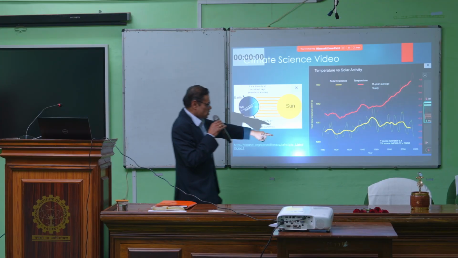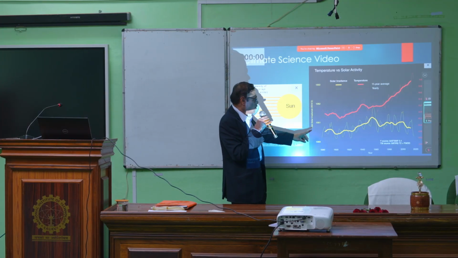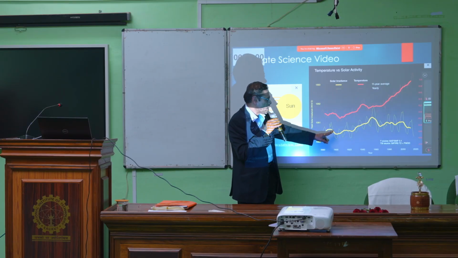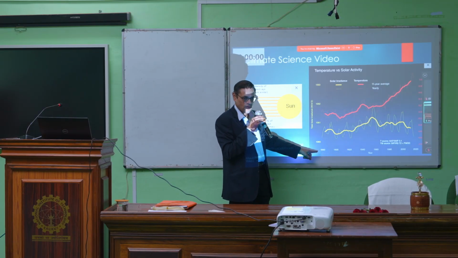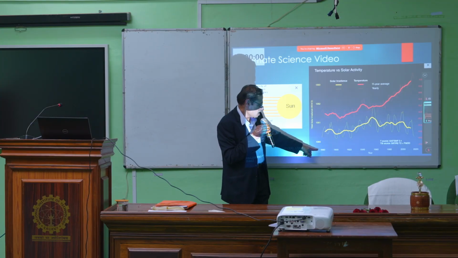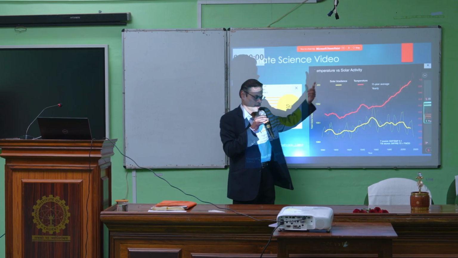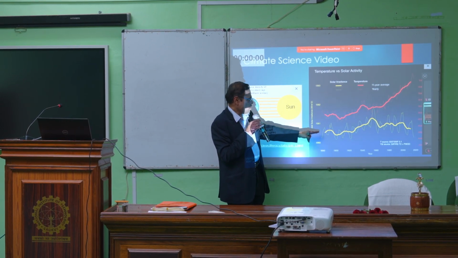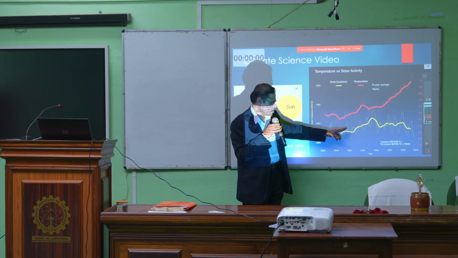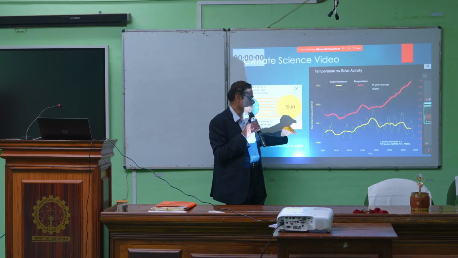And now what you are seeing here is really basic stuff that we need to understand. What we are looking at is the solar radiance over the last 140 years or so. There will be some fluctuations because of a lot of other uncertainties or solar activities. But you can see the radiance more or less remaining the same coming from the sun.